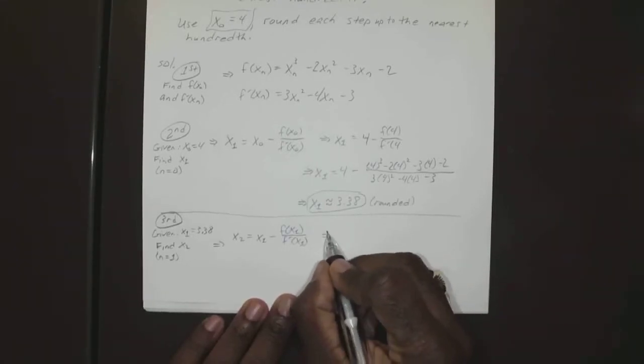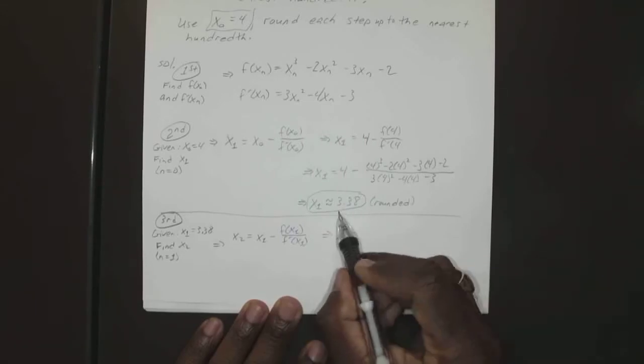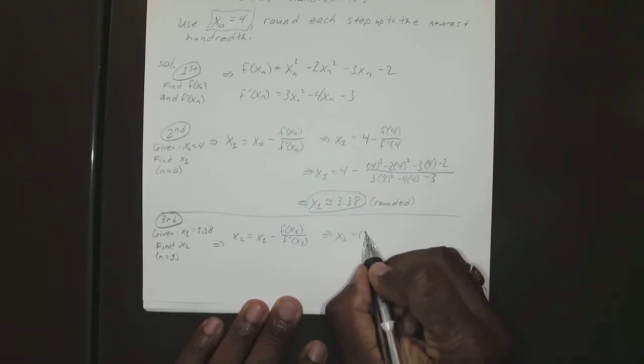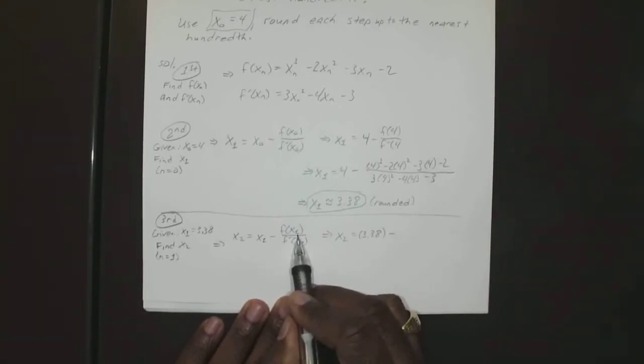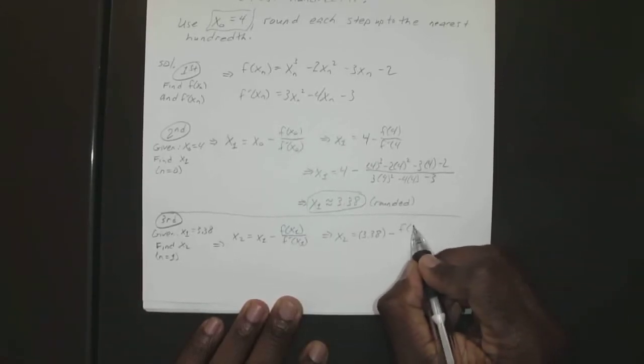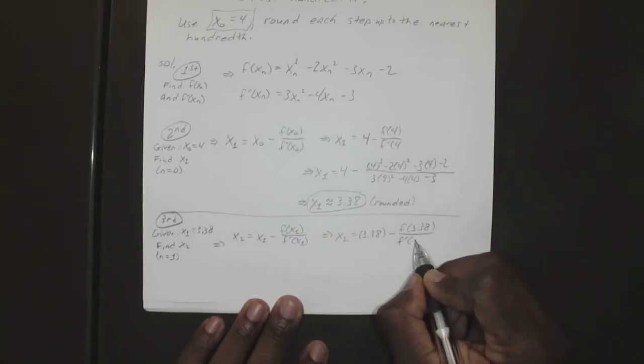Okay, so that means our x2 is going to equal our x1, which is 3.38, minus our f of x1, which is f of 3.38, over f prime of 3.38.